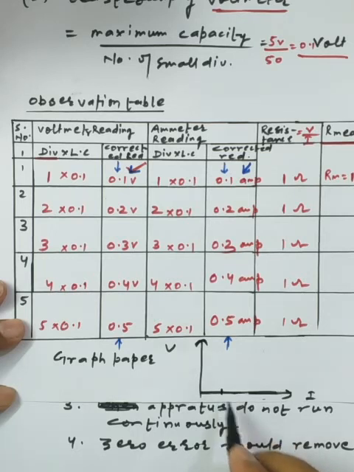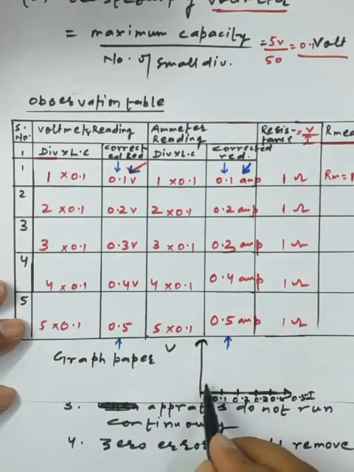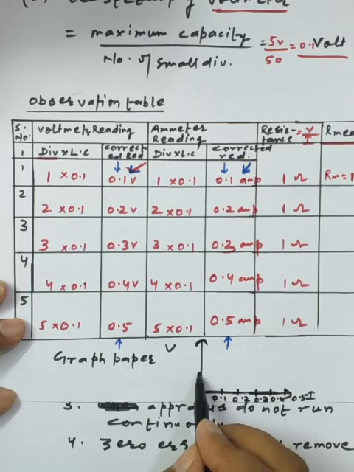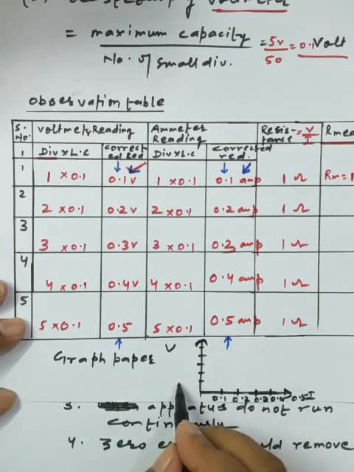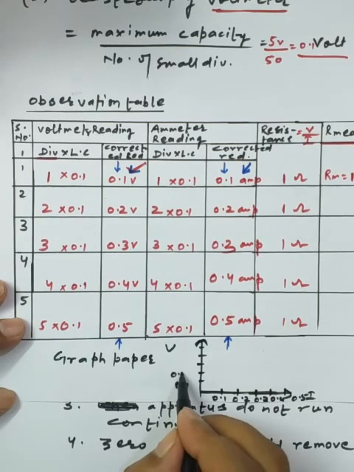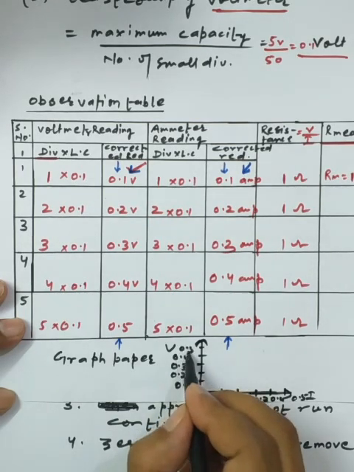So I take 0.1, 0.2, 0.3, 0.4, and the last is 0.5. It's an easy exercise. Similarly we have to plot the 5 points on the graph, that means 0.1, 0.2, 0.3, 0.4 and 0.5.